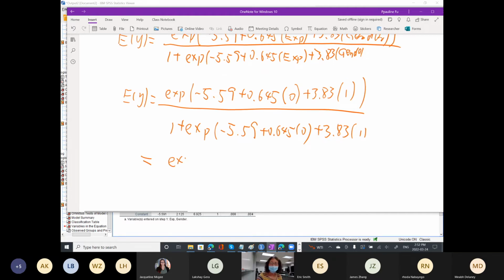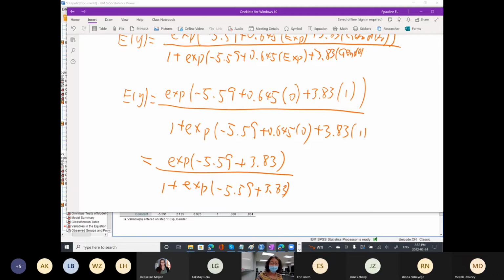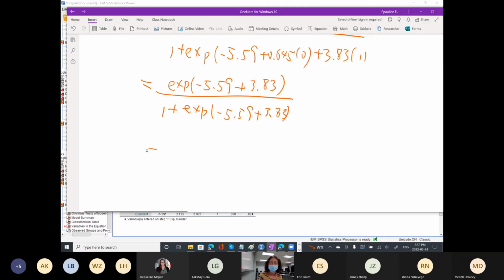So EXP of negative 5.59, plus 0.645 times 0, plus 3.83, equals EXP of, this is a 6, negative 1.76.